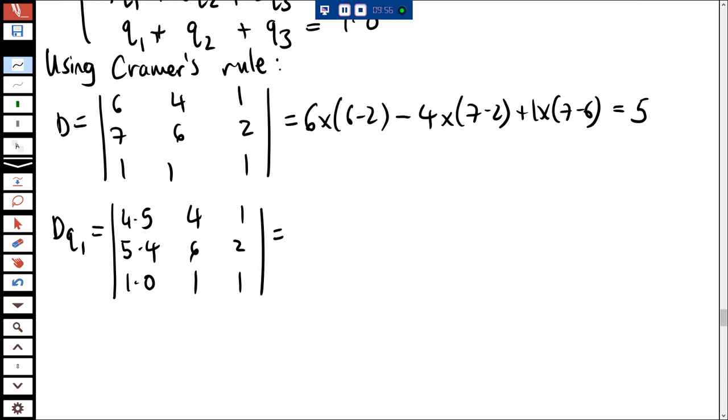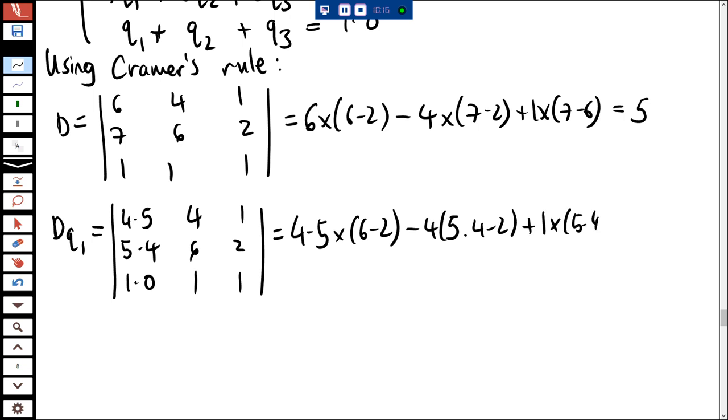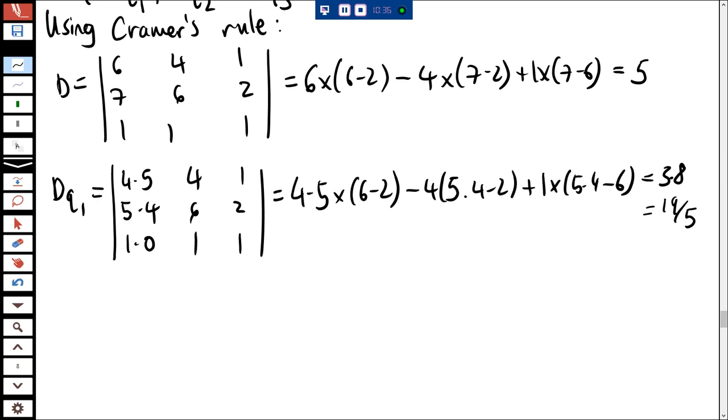Calculating this determinant, I'll expand across the top row again, so 4.5, 4 and 1, which gives 3.8. I think I should leave that as a fraction, so 19 over 5. Fractions are better.